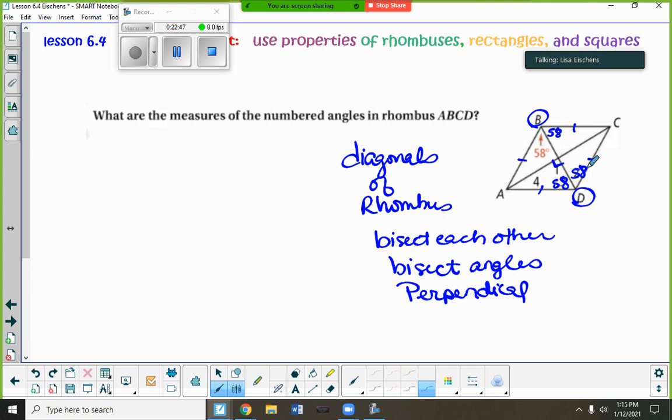Now there's only one that we're missing, and that's angle 4. And we have a triangle. We know that one is 90, one is 58, so that's 148, and you subtract that from 180. So you get 32, right? So that's how you do those problems.